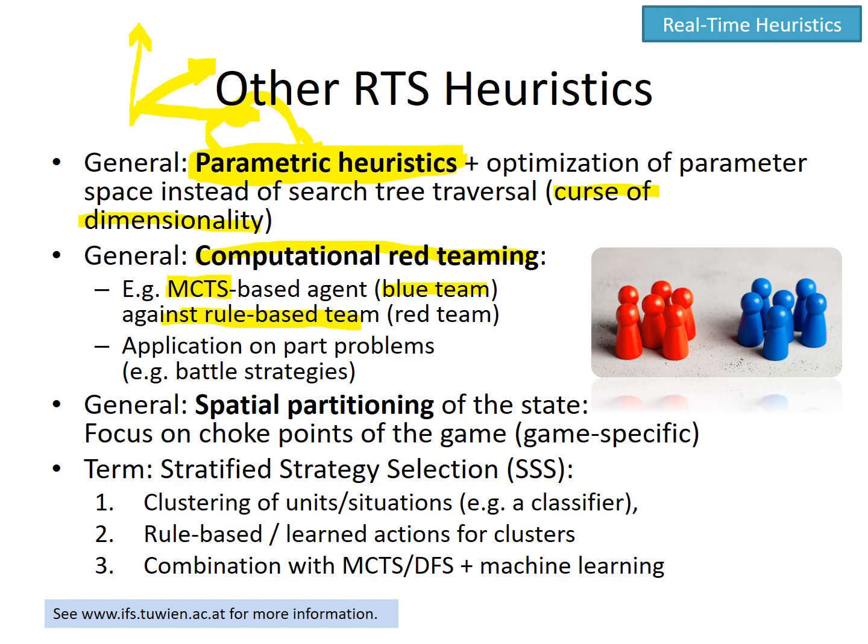A last term that I want to introduce is called stratified strategy selection. That is a systematic process of first clustering units, situations, whatsoever, by a clustering method or some classifier, like again a decision tree, for example.